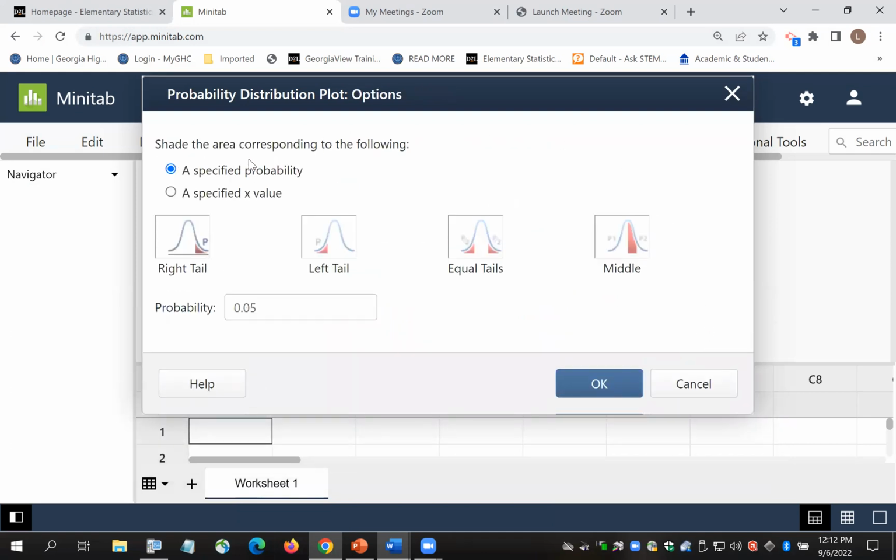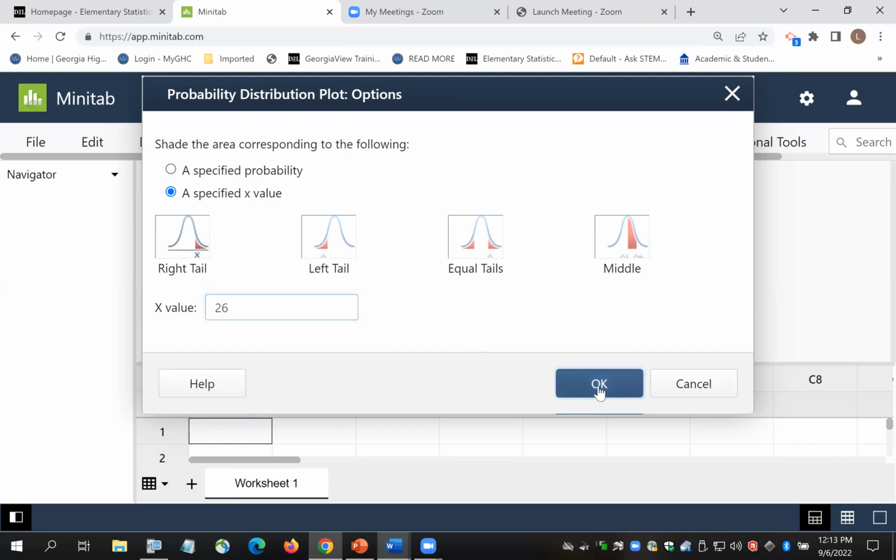My shaded area corresponds to a specified X value because I was given the value of 26, which is an X value. We decided it was a right tail, so I'm choosing right tail. And I have to tell it the value that I was given, 26.